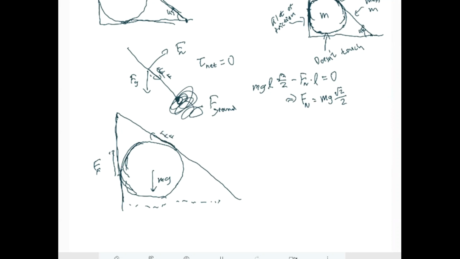There are more forces that we did forget though. There's two more forces that we should add to this diagram. Does anyone know what they are?